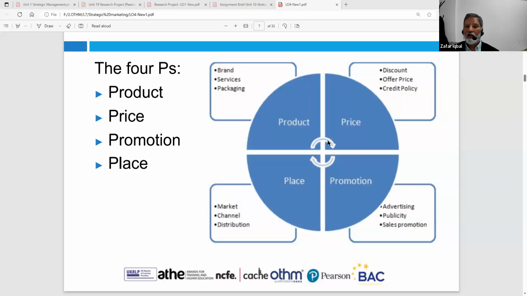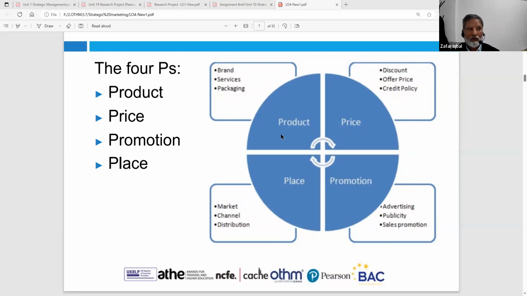Price consists of some kind of notional value attached to the product.